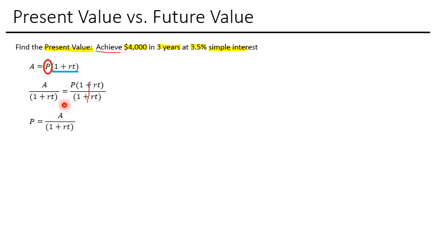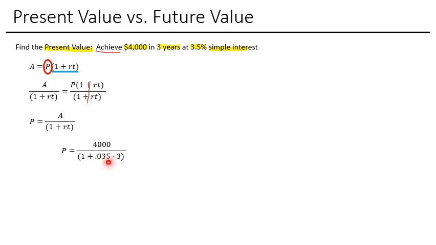Now this is the formula that I'm going to use. I'm going to plug all of this information into this formula, and that's going to give me my present value. So I have 4,000, which is the amount that I want to achieve in 3 years, over 1 plus 0.035, which is my simple interest, times 3.